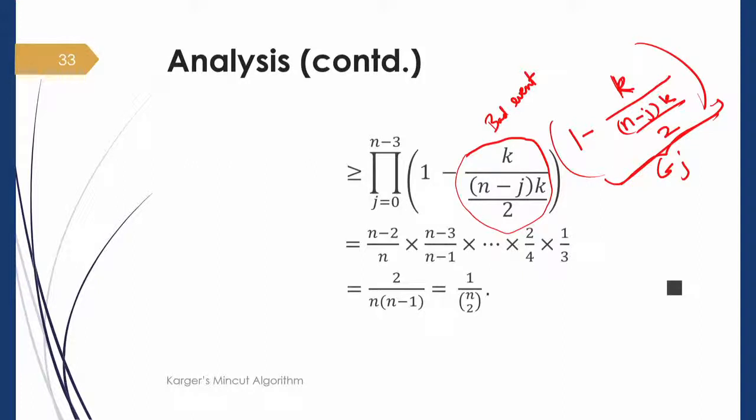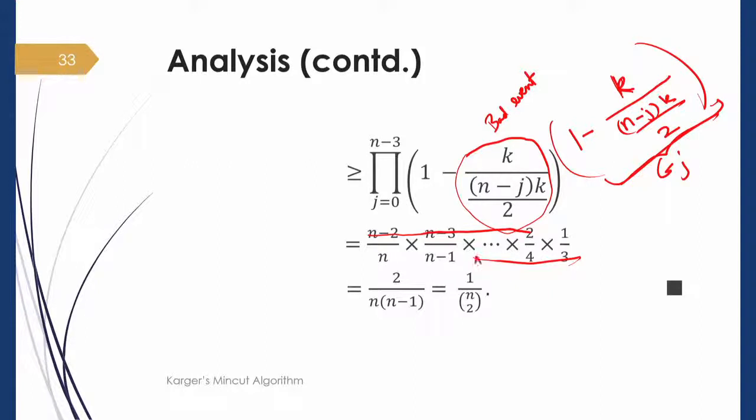Now, solving this expression, each one of these, it's easy to see, is going to be of the form n minus 2 by n, n minus 3 by n minus 1, and so on, up to 2 by 4 times 1 by 3, and so on. Of course, there are going to be a lot of cancellations. We'll be left with, so all these terms up to 2 will get cancelled, and all these terms up to 3 will get cancelled.